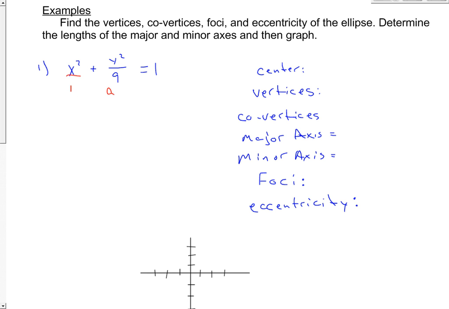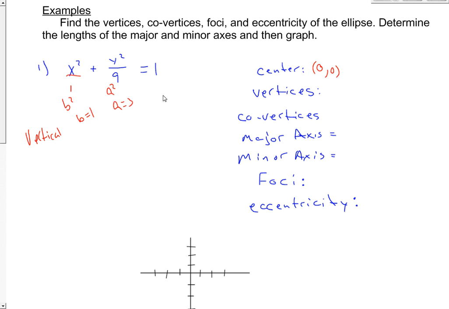So right now, a squared is 9, b squared is 1, and that tells me this is a vertical ellipse, and a equals 3 and b equals 1 because you're taking the square root of both of those numbers. The other thing I need to know is where's my center? Since there's nothing added or subtracted from x or y, my center is at 0, 0.